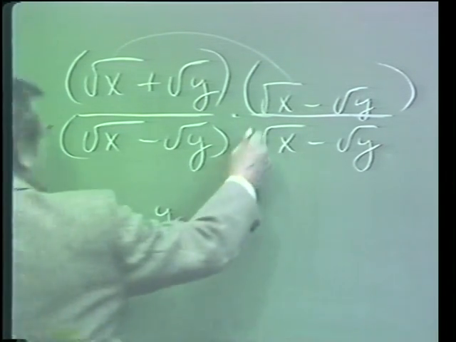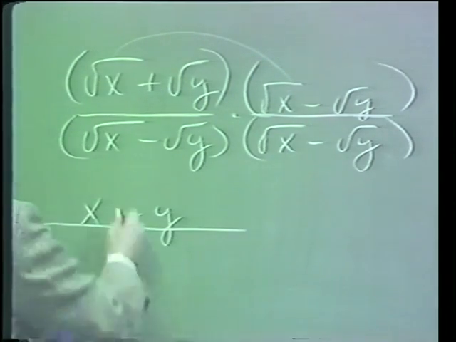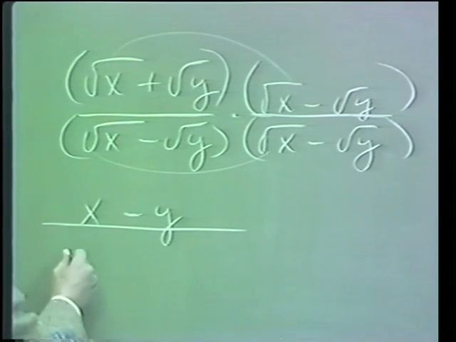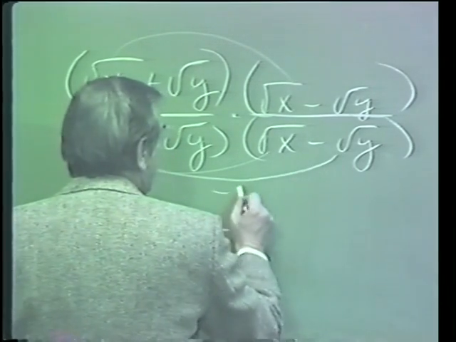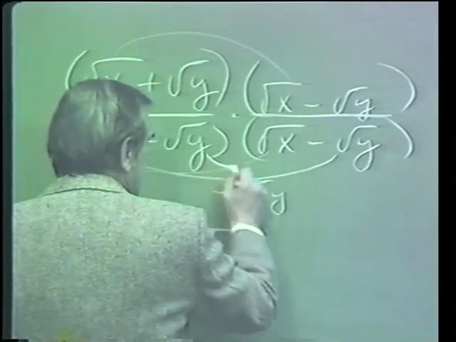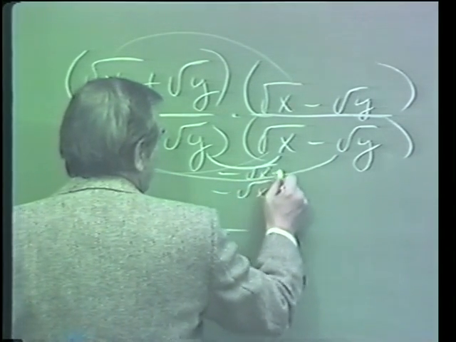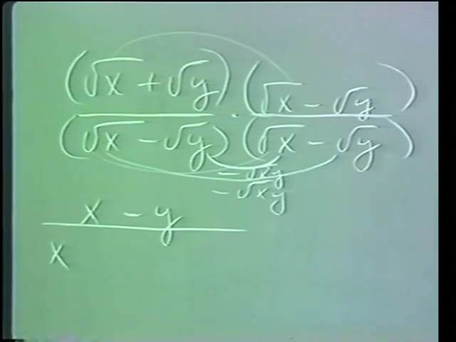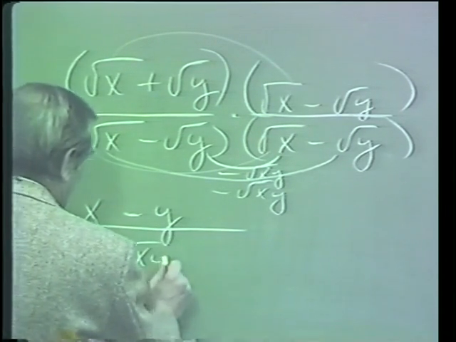Now our denominator, a little FOIL. We multiply the first times the first, well that will be square root of x times square root of x is x. If we multiply the outers, we have negative the square root of xy. The inside, we get negative the square root of xy. If we add these up, we get negative 2 square roots of xy.